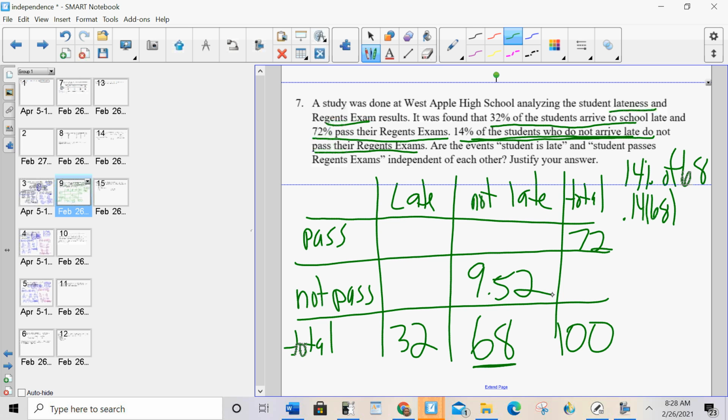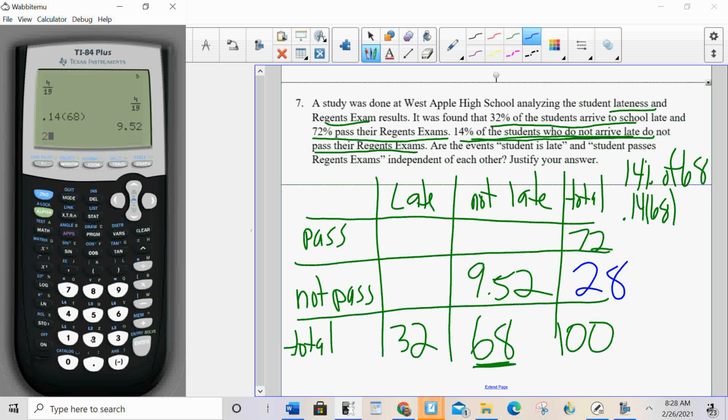Again, it said that 14% of the students who do not arrive late, that's the 68%, do not pass their Regents exams. So let's fill in the rest of this table so we can make sure we have all the information that we need. I can subtract 100 and the 72 for 28. I can subtract the 28 and the 9.52.